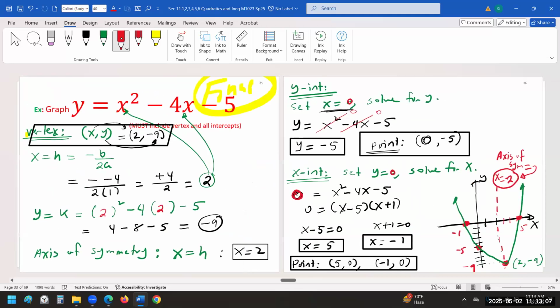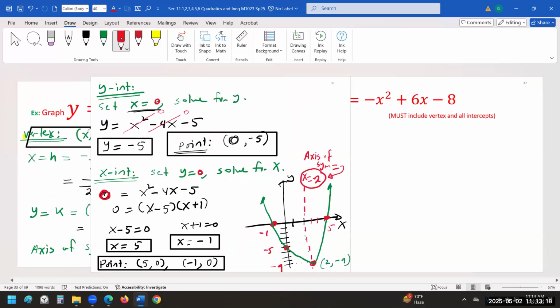So Eliza, you missed this question. You missed this question, so copy it down and then you're going to do the next one by yourself.